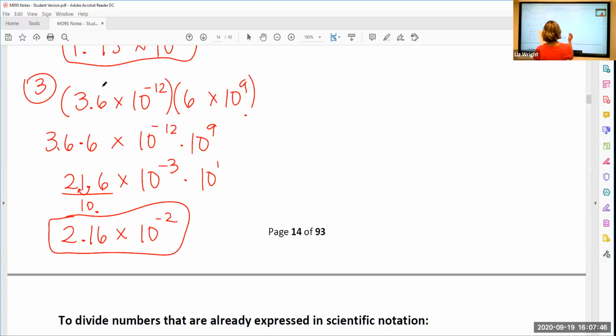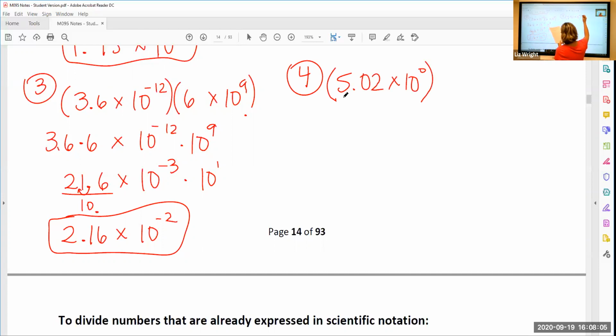So the next one that I would like for you guys to try on your own, and then I'm going to see how your answers compare. We're going to have, not 3, sorry, looking at a wrong problem. We're going to have 5.02 times 10 to the 0, and then we're going to have times 7.2 times 10 to the 6th.